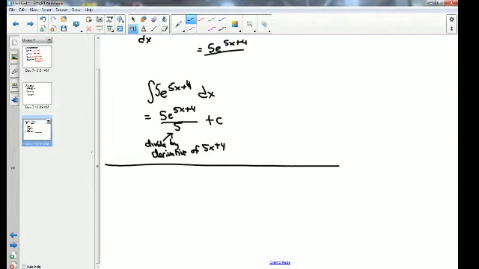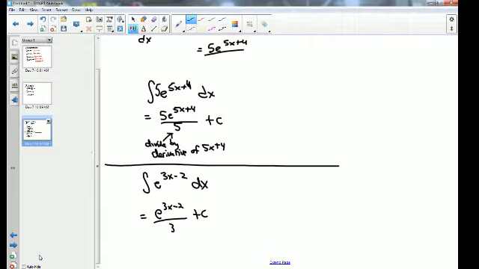Okay, so let's talk about one of these without the 3 in front. Without a constant out here. So it's e to the 3x minus 2 over 3 plus c.